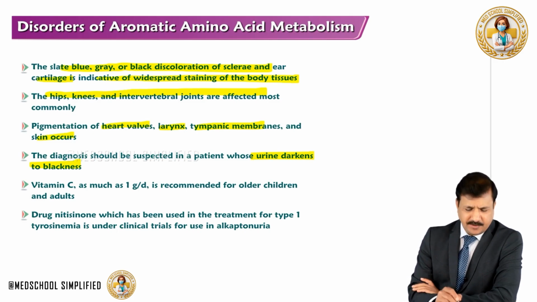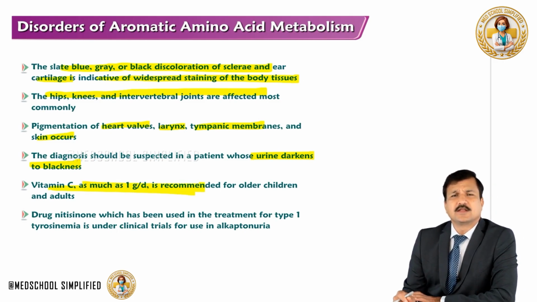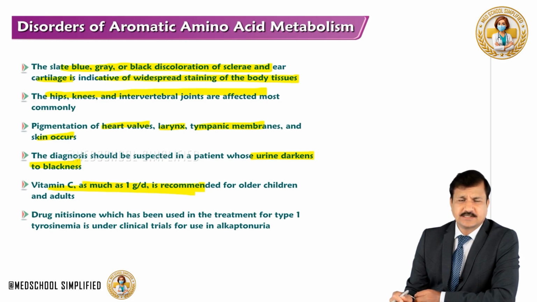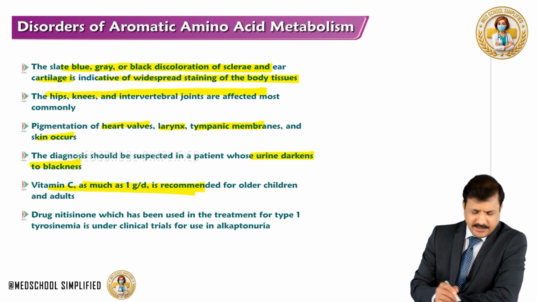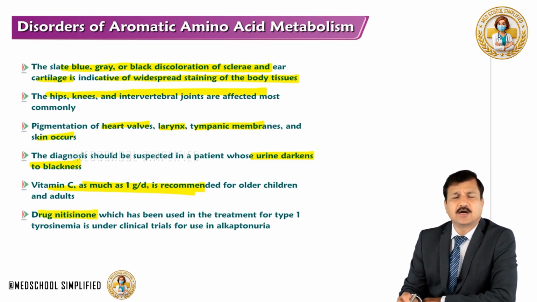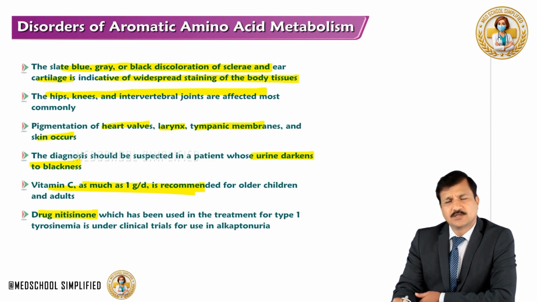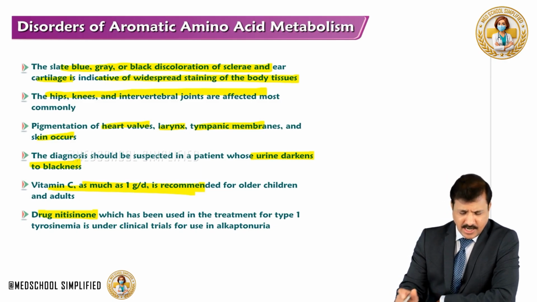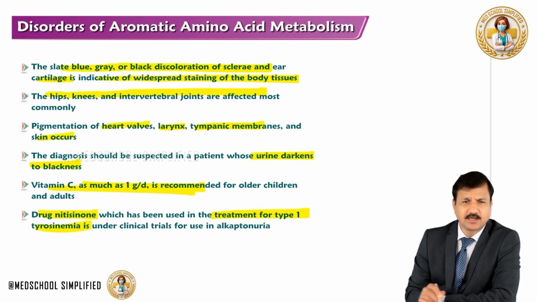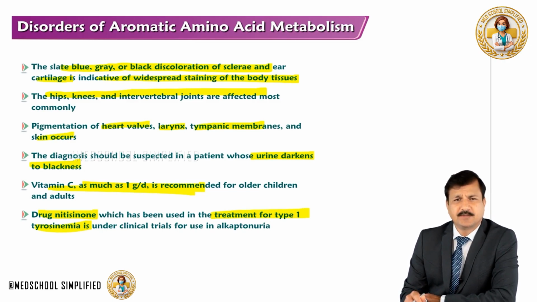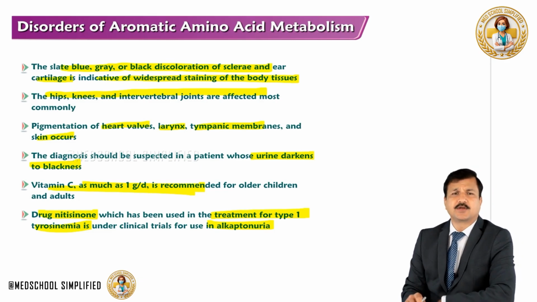Vitamin C supplementation is recommended to decrease the formation of homogentisate, because conversion of 4-hydroxyphenylpyruvate into homogentisate needs vitamin C. The drug nitisinone inhibits the 4-hydroxyphenylpyruvate dioxygenase enzyme, thereby decreasing homogentisate accumulation. Nitisinone, which has been designed for the treatment of type 1 tyrosinemia, is also tried in Alkaptonuria.